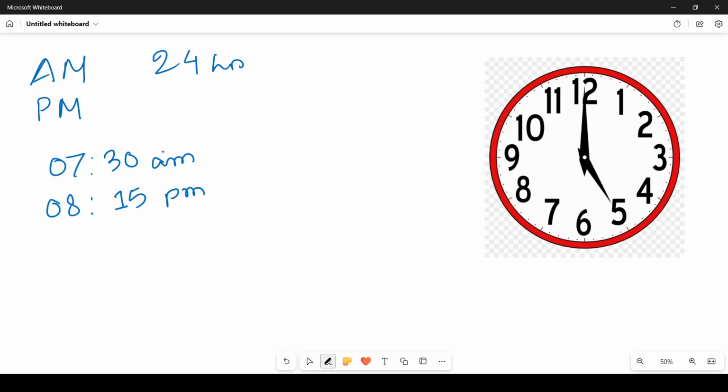So for 24-hour format, the AM is AM, so it's 1 2 3 4 5 6 7 8 9 10 11 12. Up to 12 is morning, and then when the evening starts, it goes 13, then 14, 15, 16, 17, 18, 19, 20, 21, 22, 23, and then when it becomes 24, it's actually 0.